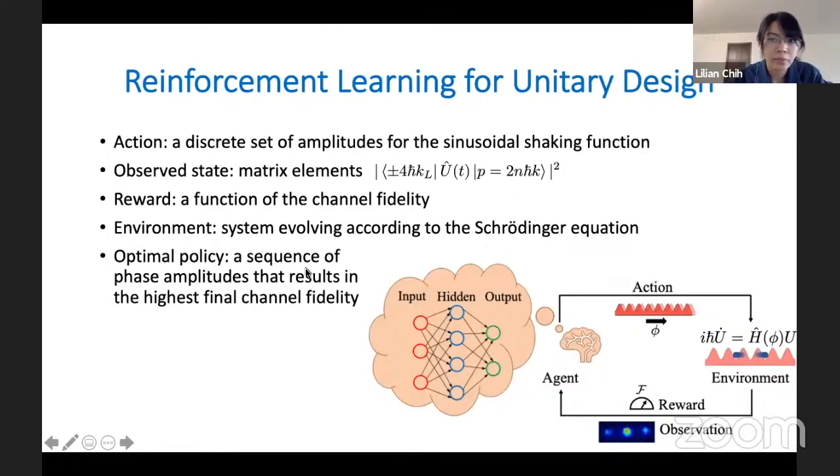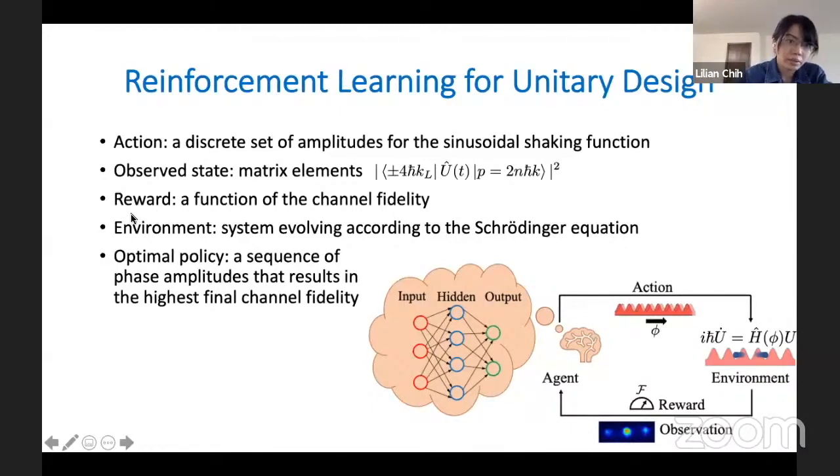So similarly, we map our problem to the reinforcement learning framework. The action here is a discrete set of amplitudes for a sinusoidal shaking function. And each step is a half cycle of the sinusoidal oscillation. The observed state is the matrix elements of the U unitary operator that we think are important.